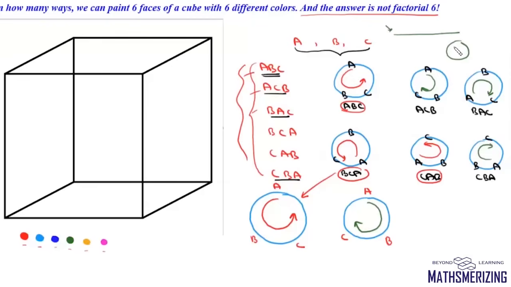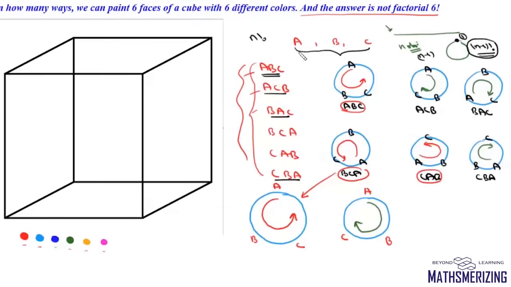But on a circle, we do not have that luxury of having a starting point. So basically on a circle, what we do is we choose any one object and assign it a place on a circle and then arrange the remaining n-1 objects relative to it, and it can be done in factorial n-1 ways. So on a line, n objects can be arranged in factorial n ways, and on a circle, they can be arranged in factorial n-1 ways.